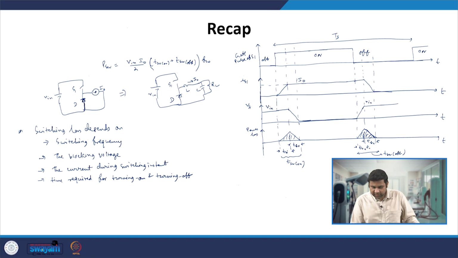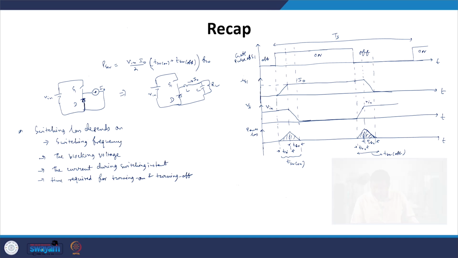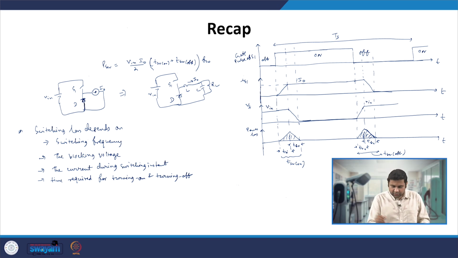T switch off is the period during which the voltage rises across the switch S1 and the current falls down.